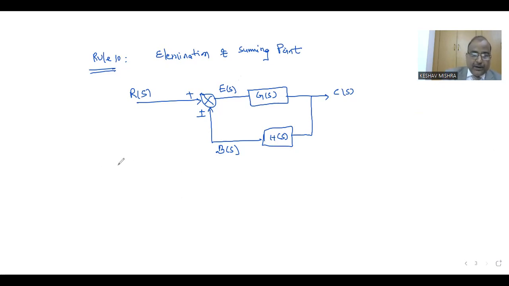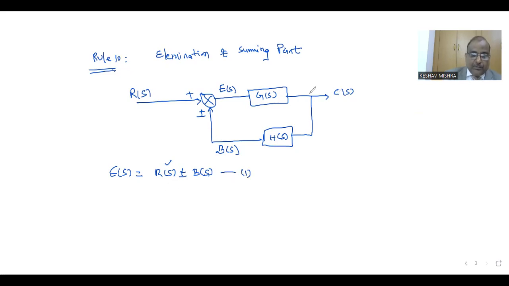This error signal ES is equal to RS plus minus BS. At this summing point, one input is RS, and the second input is BS with sign plus minus. This is, suppose, equation number 1.